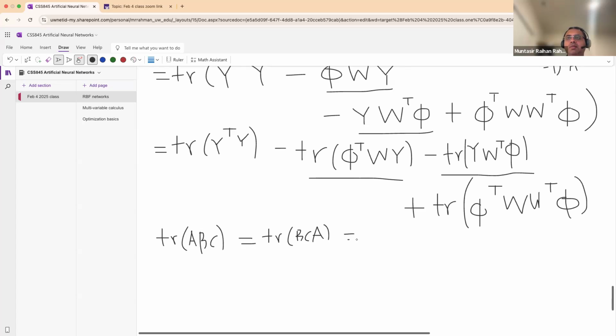And this is also the same as the trace of C, A, and B. Okay, so now let's apply this to here. So what are we going to get?